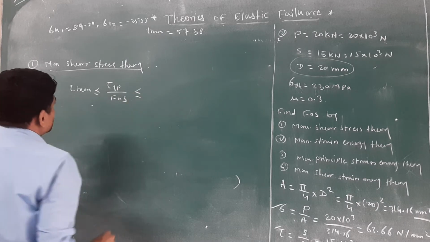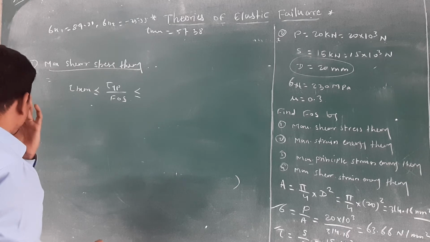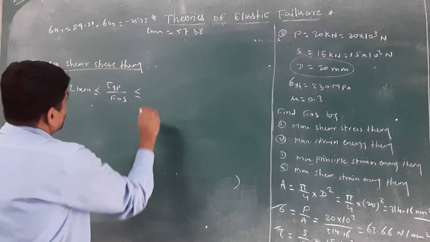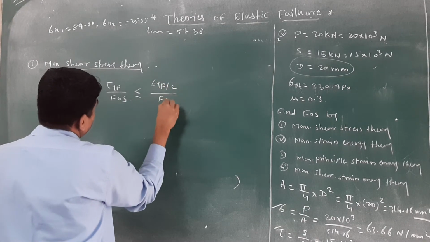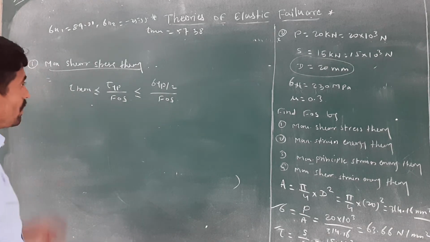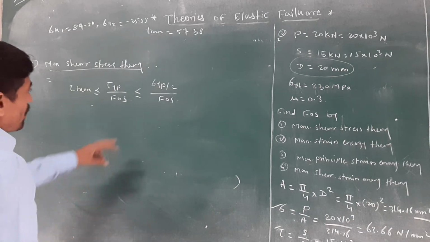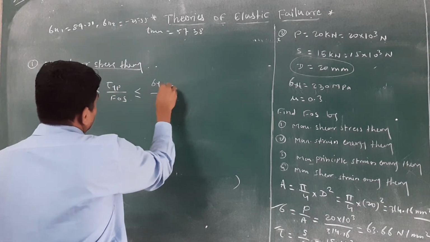Again I will simplify that: tau max is less than or equal to sigma yp divided by 2 into factor of safety. This sigma yp value is given.